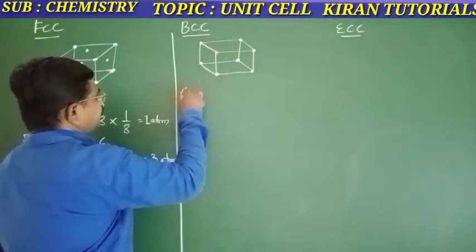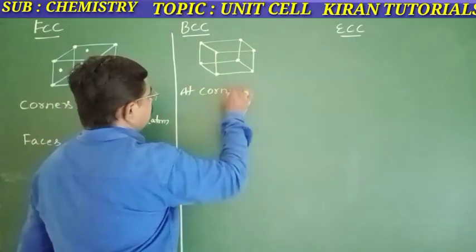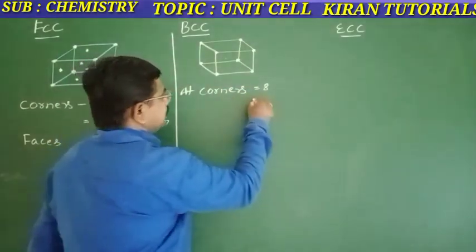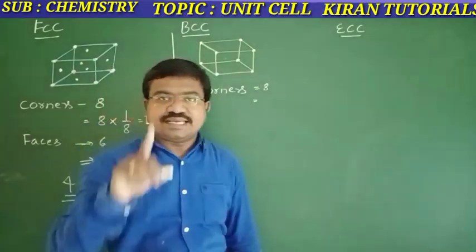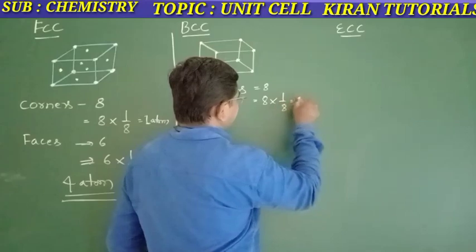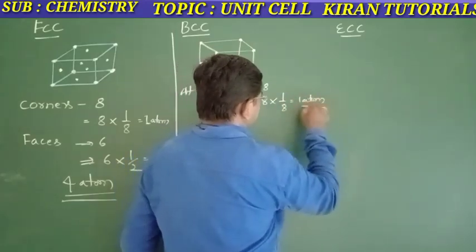So at corners 8, and each atom is shared with 8 sides. So 8 into 1 by 8, that is equal to 1 atom.